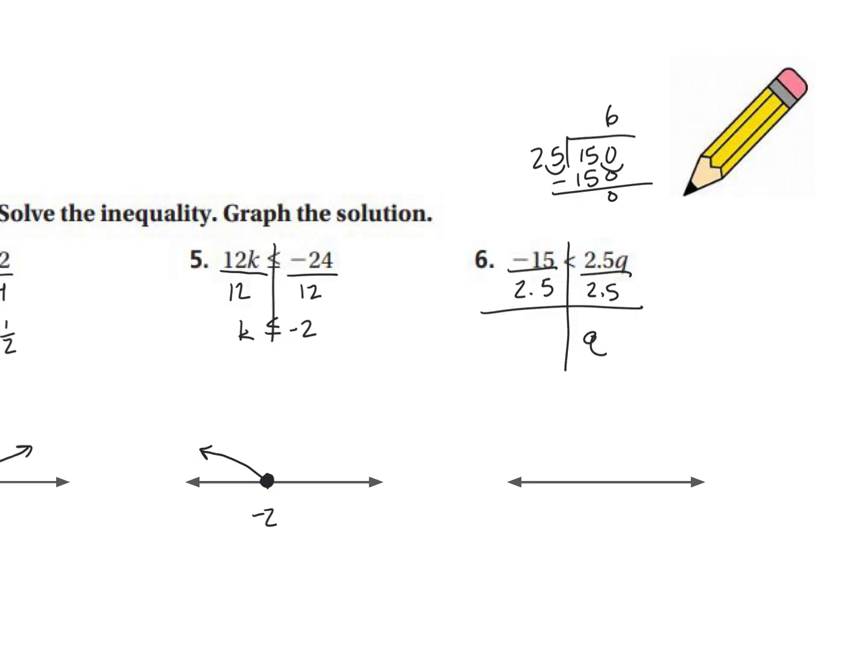So here I'm left with q and -6, because negative divided by positive is negative. My reference point is -6. I do not have an equal to bar, so I'm going to put an open circle. And my mouth is open towards q, meaning I want q to be bigger than -6. Bigger numbers are always to the right.